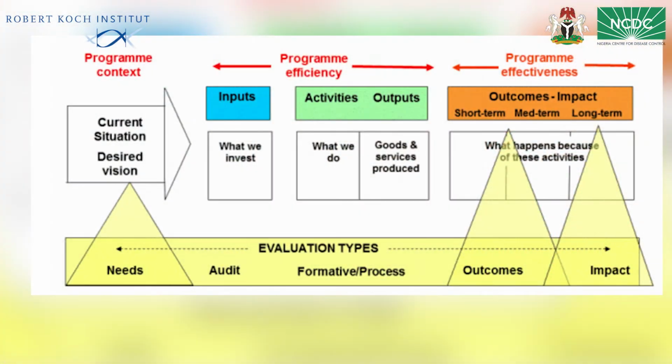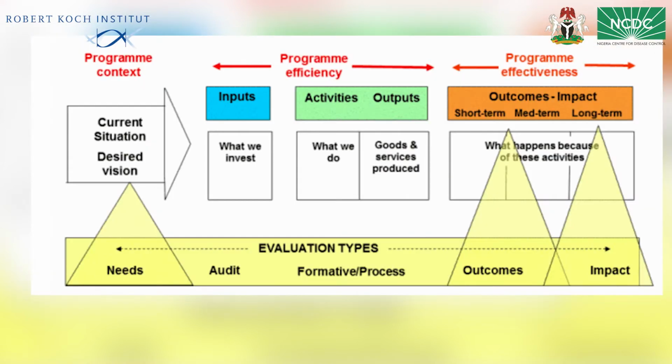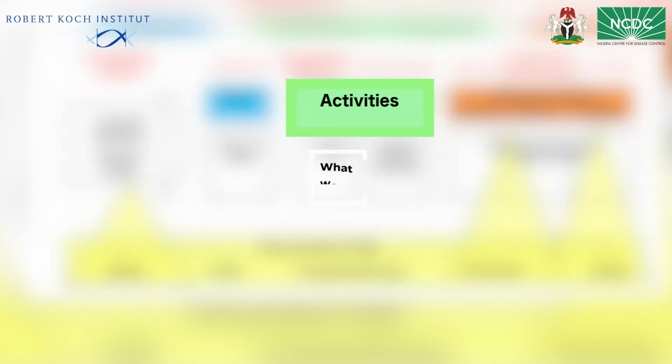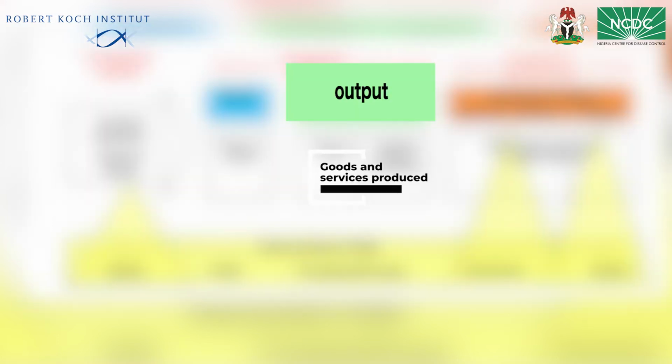We will answer this question taking a close look at monitoring and evaluation towards side-by-side quality assurance. The need of every project in the program context considers the desired vision for venturing into such project, with what we invest into the project considered as inputs, what we do to execute the project considered as activities, goods and services produced from the project are considered as outputs.